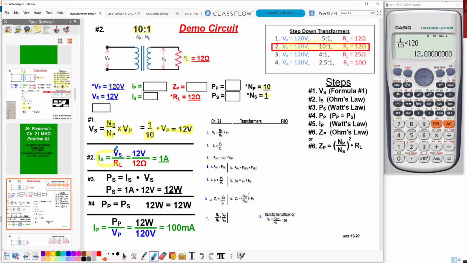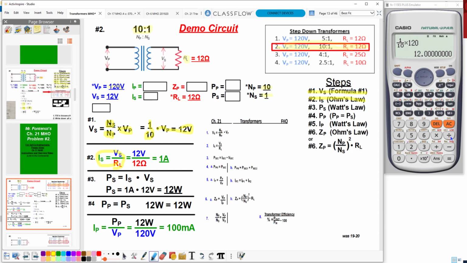Alright, my next step right here, I want to find the current of my secondary. And of course I've got the steps written here as well. So now we're on step number 2, and we're just going to use Ohm's law. Very simple. We just calculated the voltage of the secondary, which is 12 volts.